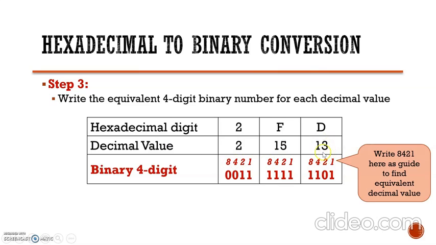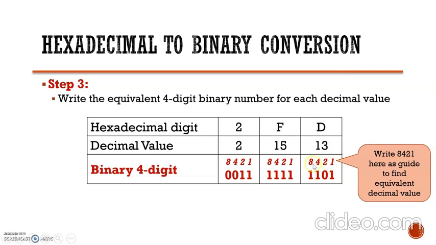So how do we find 13? 13 is 8 plus 4 plus 1. So we just put 1 at 8, 1 at 4, and 1 at 1. At 2, we don't want that to have value, so we put 0. So that is how we convert from decimal value 13 quickly to its equivalent value in binary.